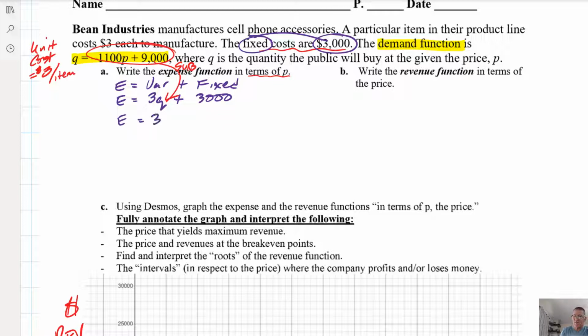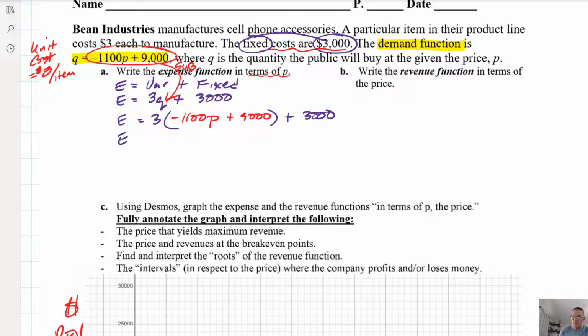So the expenses is going to be 3 times all of Q plus 3,000 more. And then we're going to bring in what Q is equal to, which is right here, negative 1100 times P plus 9,000. So we do a little substitution. We substitute the demand function into the expense function, and then we simplify. All right, so let's do this.